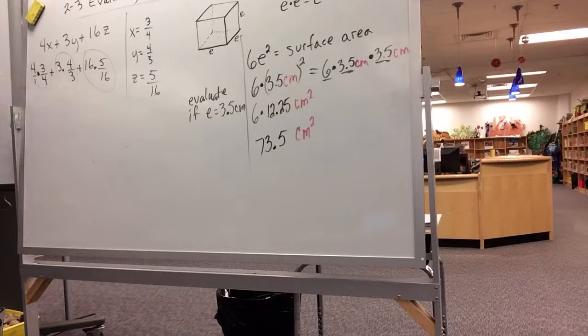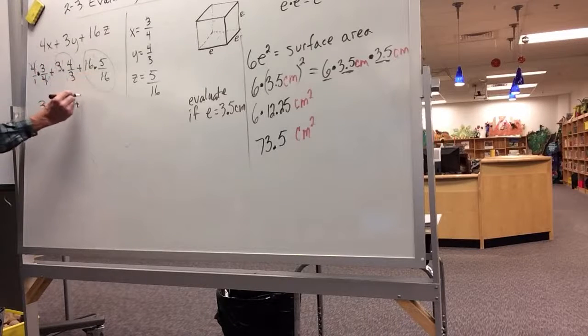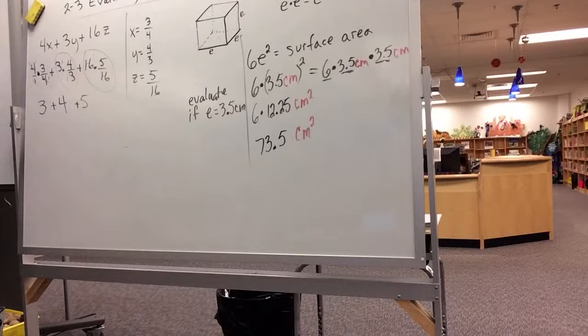Top and the bottom, can you divide the top and the bottom number by the same thing? 4 divided by 4 is 1, therefore this simplifies into 3. Can you simplify the second one? 3 over 3 is 1 over 1. Can you simplify the last one? 16 divided by 16 is 1, so that's just 5. So this turns into how much?